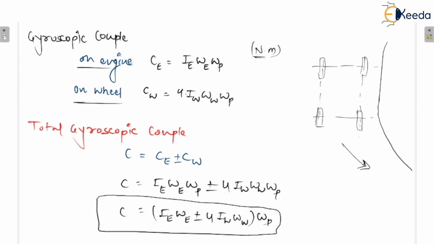Because the inner wheels will have less reaction, there will be more reaction on the ground due to these two outer wheels, since the vehicle is going to turn in that direction. So the force on the ground is in the downward direction.